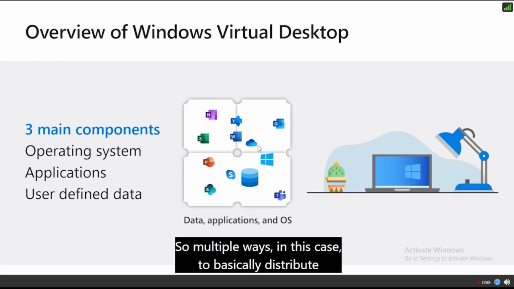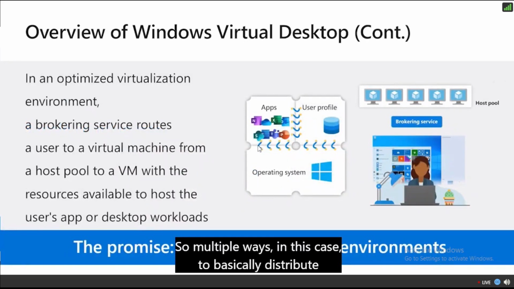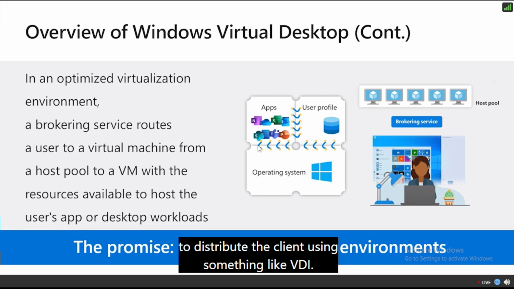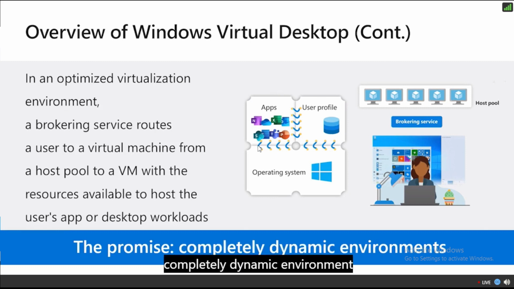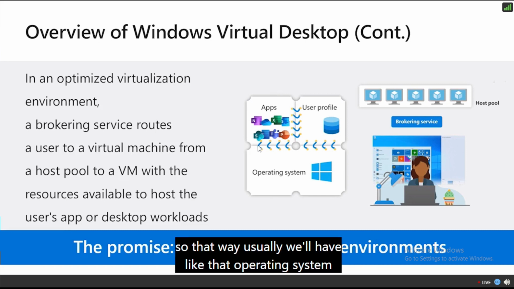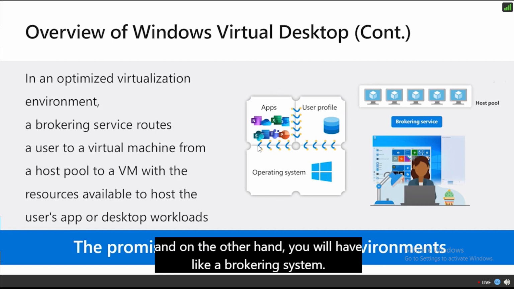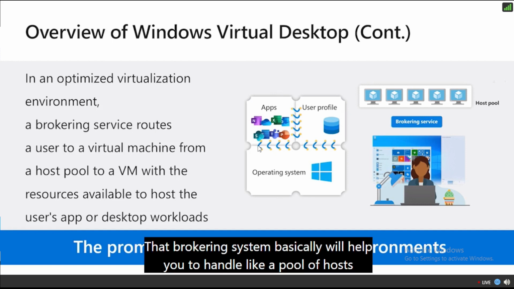So there are multiple ways to distribute the client over VDI, and we'll take the time to explain all those different methods. To go deeper, when we're talking about VDI, keep in mind it is a completely dynamic environment. Usually we have the operating system, application and user profile definition. On the other end, you have a brokering system, which helps you handle a pool of hosts.